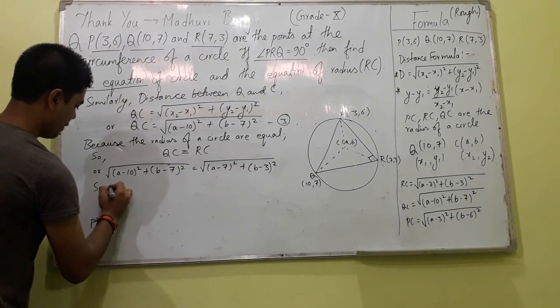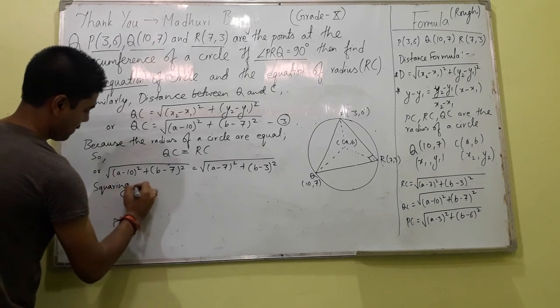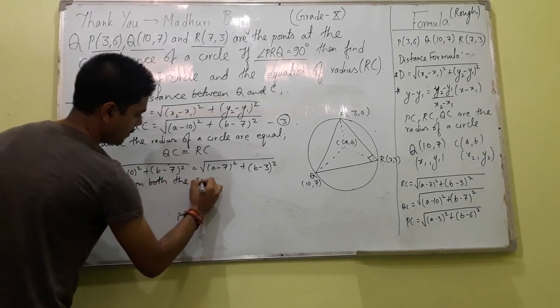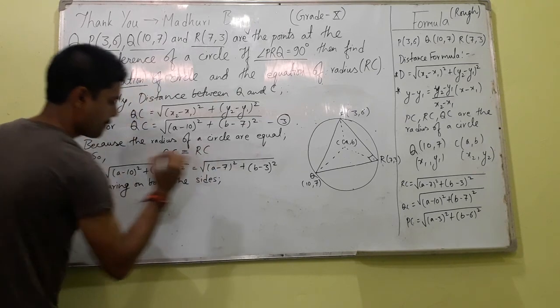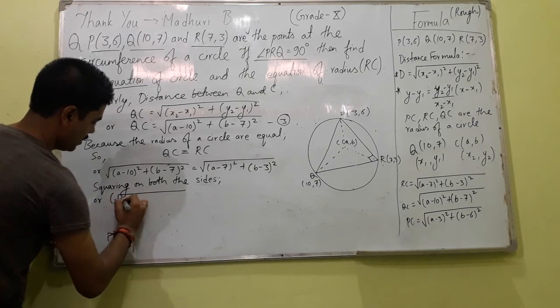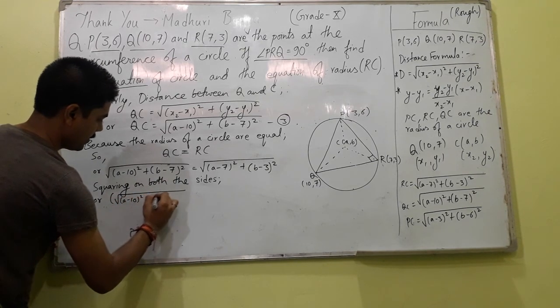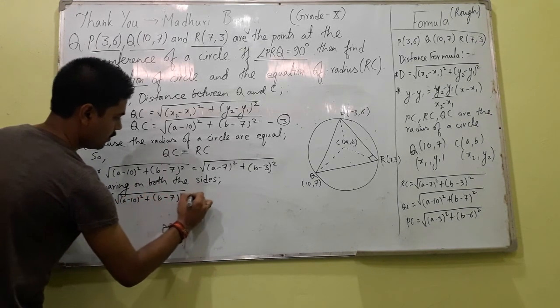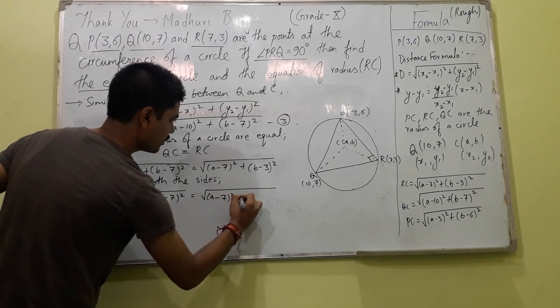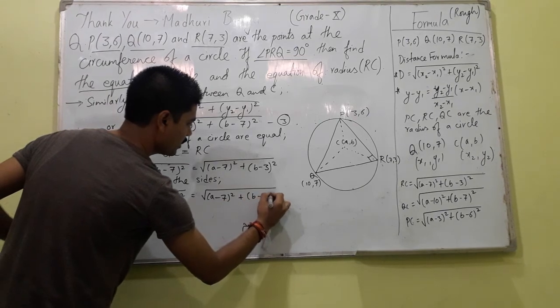Squaring on both the sides, root of A minus 10 whole square plus B minus 7 whole square equals root of A minus 7 whole square plus B minus 3 whole square.